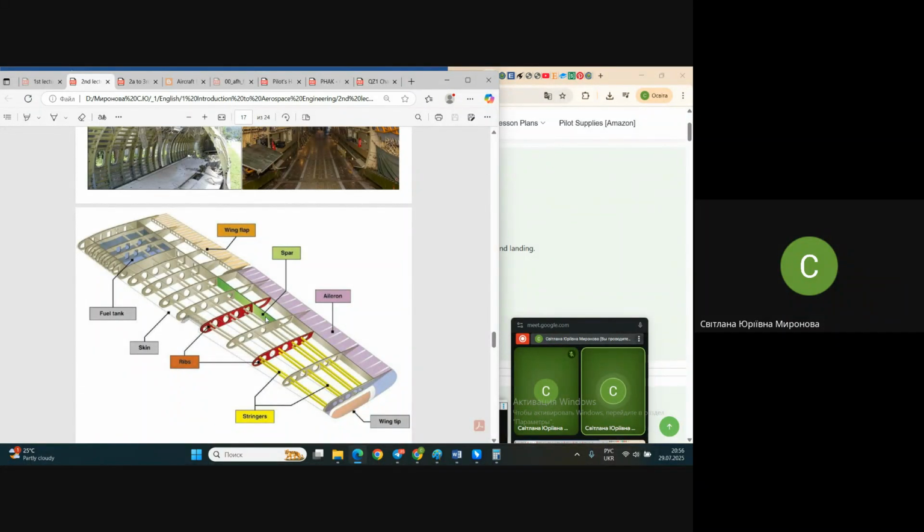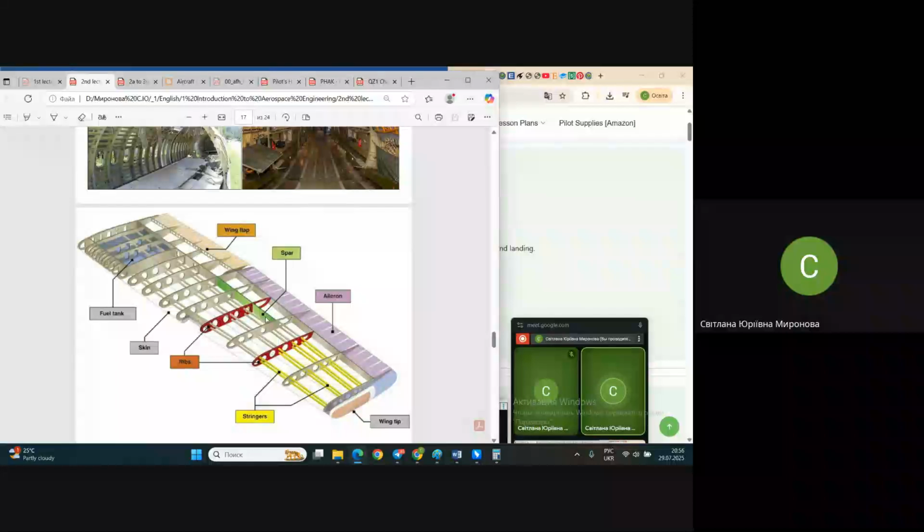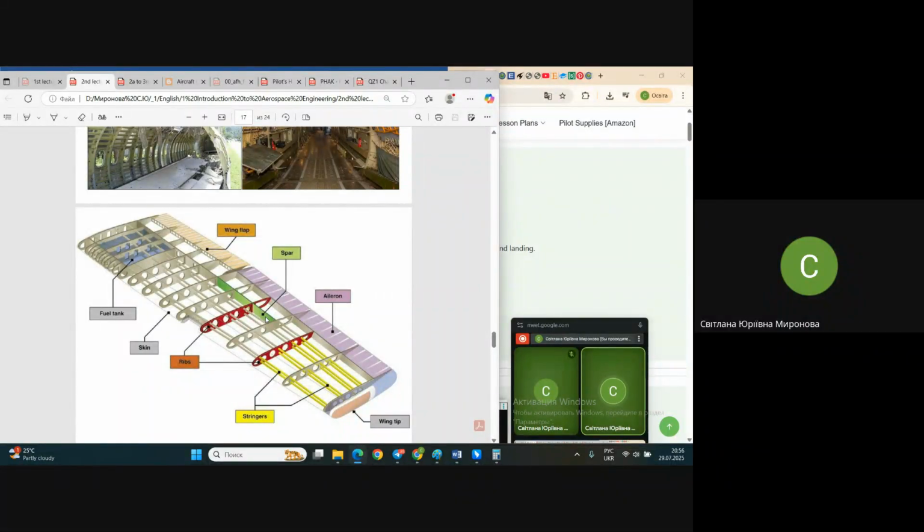And in this case, the skin is rather thin. And when you need to receive more loads, when you're flying with higher speeds and as a result you have higher aerodynamic loads on your structure, then you need to reinforce the whole surface of the structure. And in this case, stringers appear first.